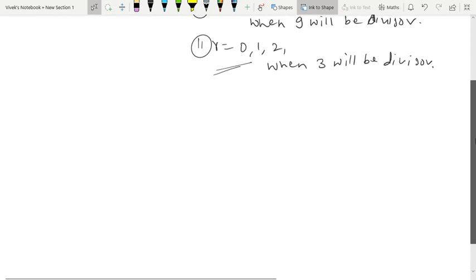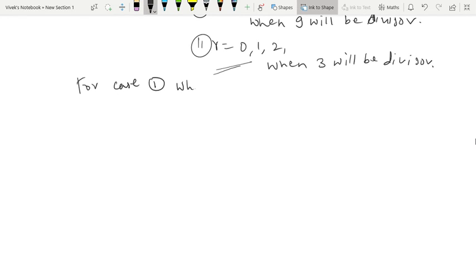So see here, for case 1, when remainder equals 0, we have a equals 3q plus 0, right? On cubing both sides, we have a cube equals 3q the whole cube, right?